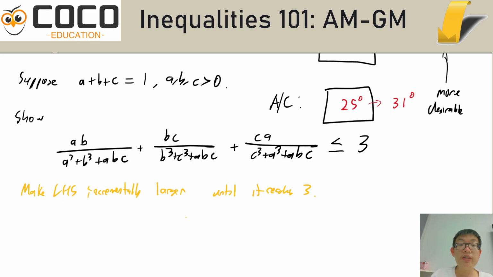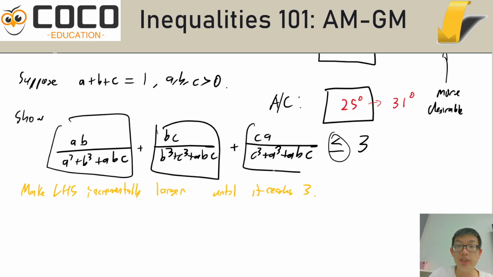Now, to make the left-hand side incrementally larger, basically means that you are going to look at this because it is pointing the wrong way. I don't want to view this thing as a sum of 3 things, because if it were a sum of 3 things, it should be more than something geometric mean related.